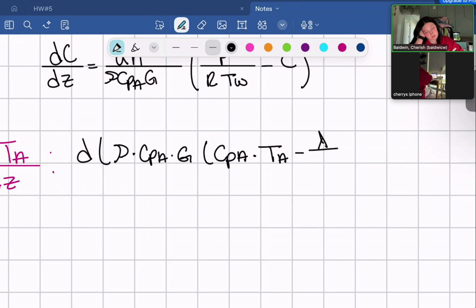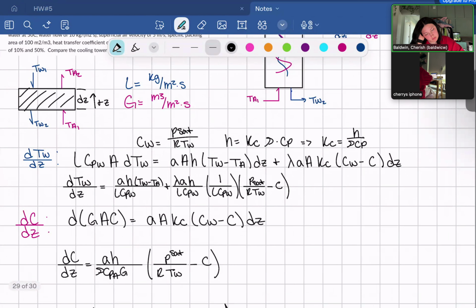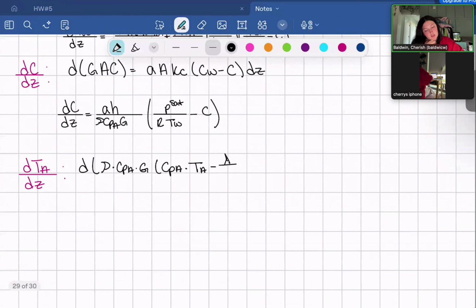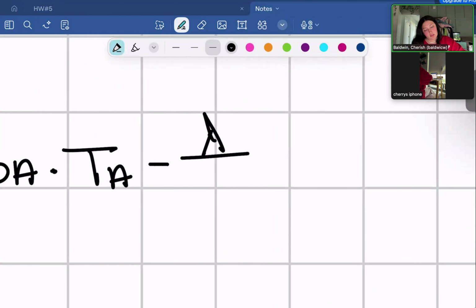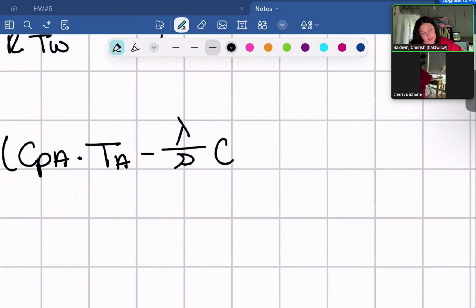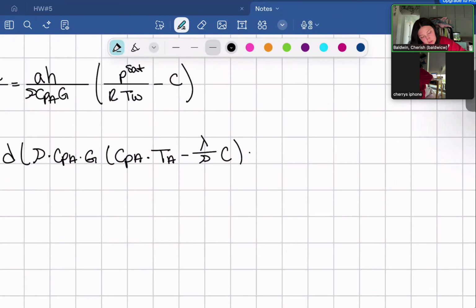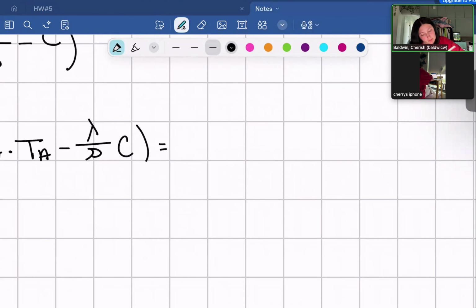Oh, I think I forgot. Did I forget to put that up there? Oh, no, I didn't. The enthalpy of vaporization over density times the concentration, and this is then equal to the heat transfer minus the mass transfer.